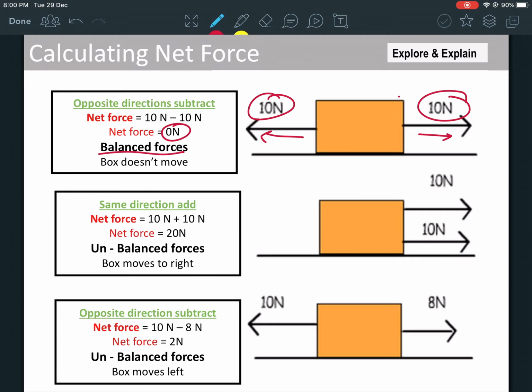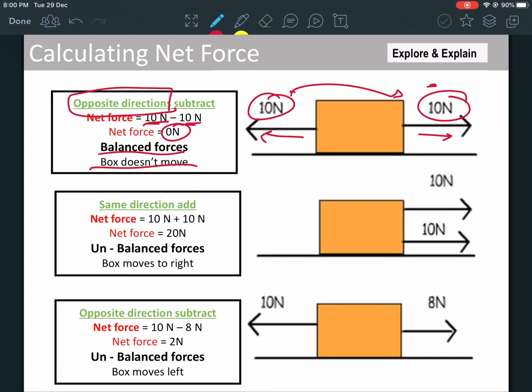So it's balanced, and the box doesn't move at all because the two forces are pulling with exactly the same force. How do you calculate it? If the directions are opposite, you do 10 minus 10, because they're pulling in opposite directions, and the net force is 0. So these are balanced forces.